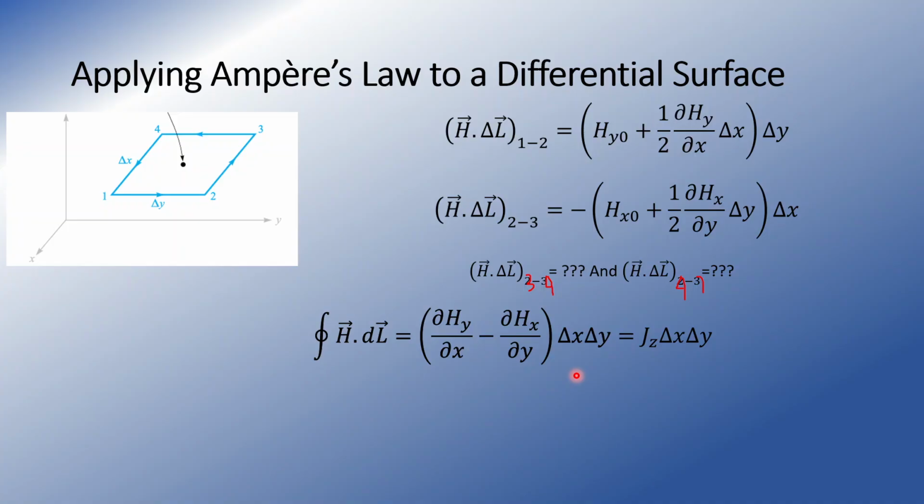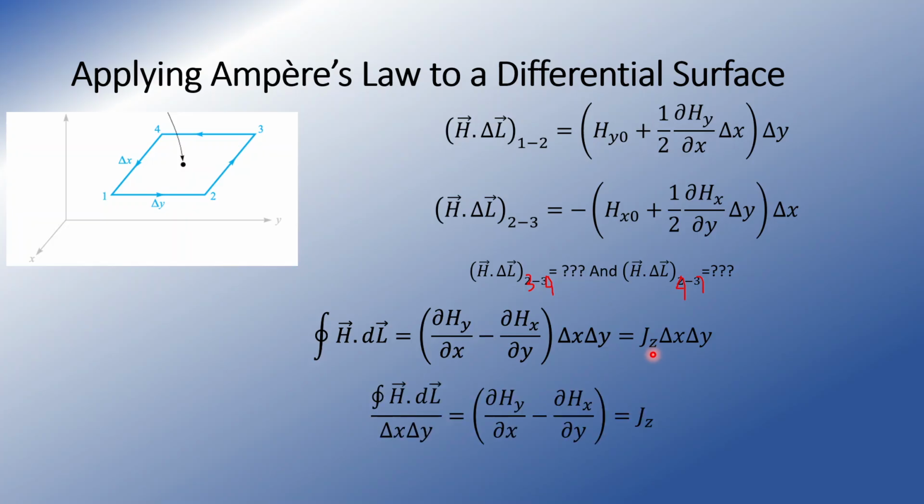Now as we know that the magnetic field is to be related with respect to the current, this H dot dl is nothing but the current, which can be told as current density multiplied by the area, which is nothing but delta x delta y, having a current density Jz in the given area.